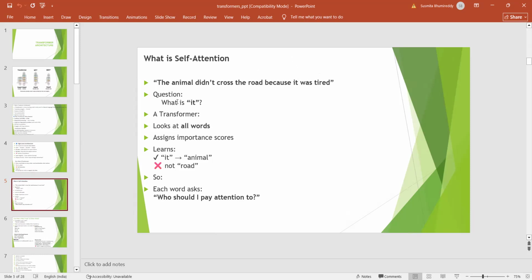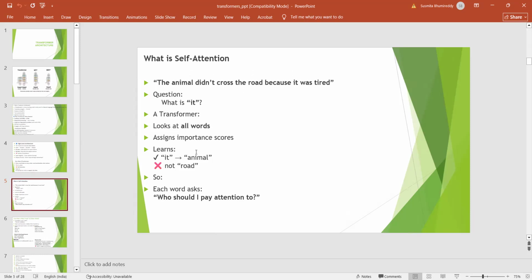So the question is, what is "it"? What the transformer will do is look at all the words. To know this, it will look at every other word, like the animal did not cross, and it will assign important scores to each word.